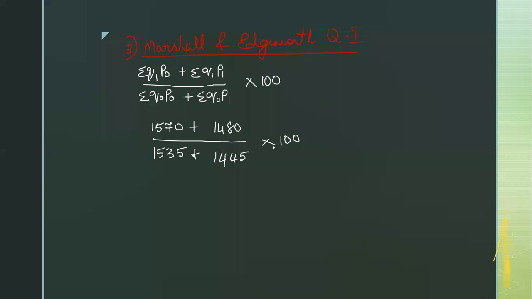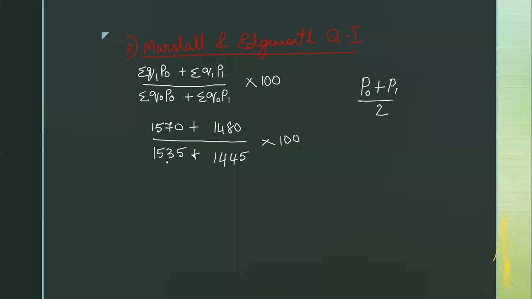Why we are doing it like this, students? Because we are taking both the price of the base and the current year as weights. Okay, we are taking the average of both the price of the base and the current year. So we are writing the values like this.